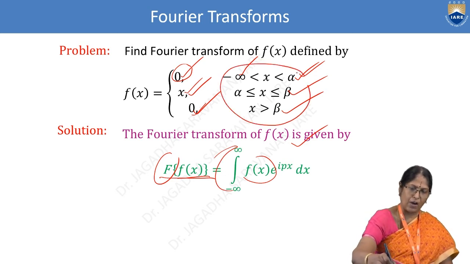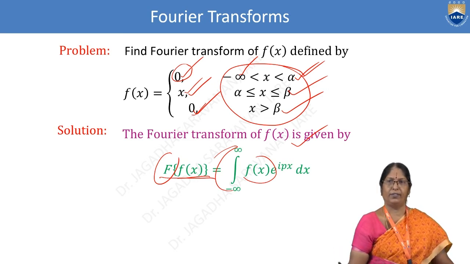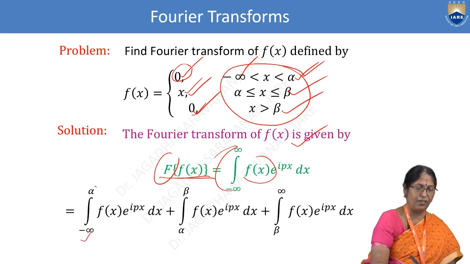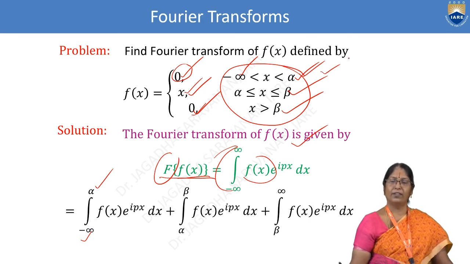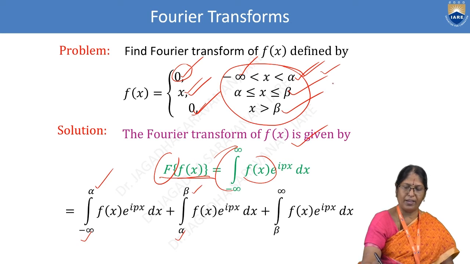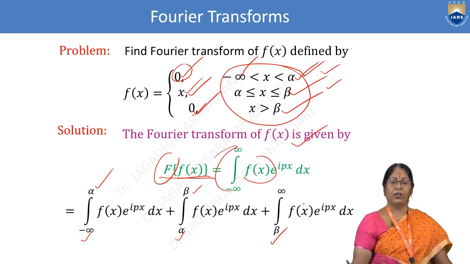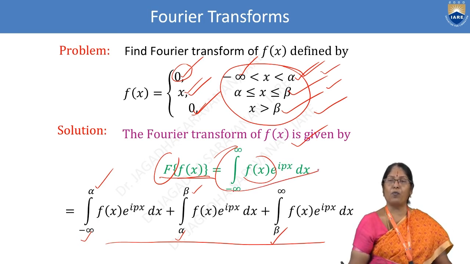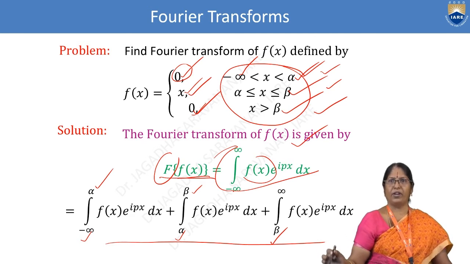According to our problem condition, this integral should be written first. Yes, now we have written it. That is minus infinity to alpha, the first one. Next alpha to beta, the second one. The third one, beta to infinity. So the Fourier transform formula is split into 3 integrals.